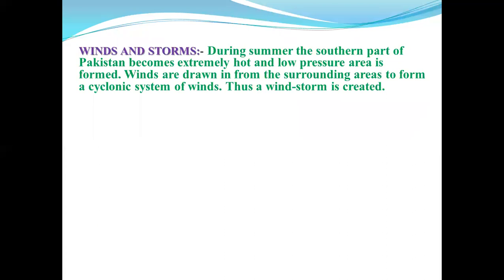Winds are drawn in from the surrounding areas to form a cyclonic system of winds. Thus, a windstorm is created. In simple words, we can say windstorms are fast moving air with dust, like a very fast hurricane.